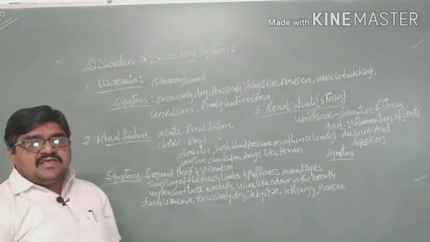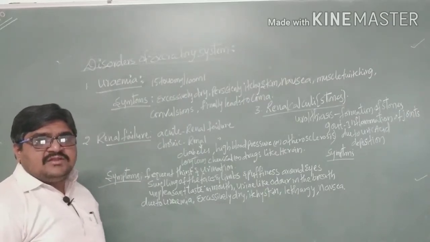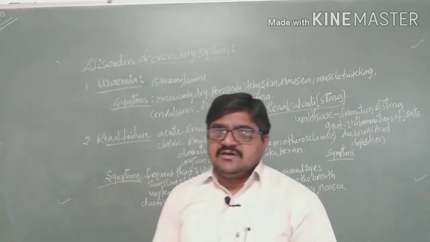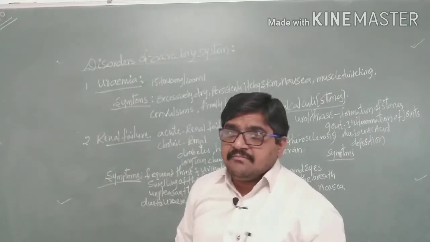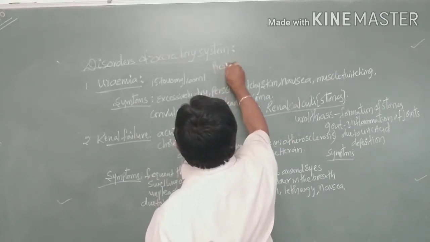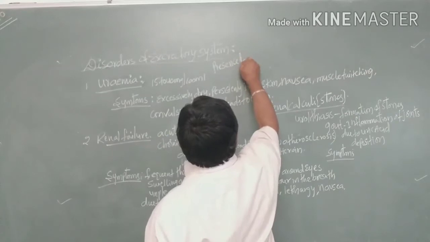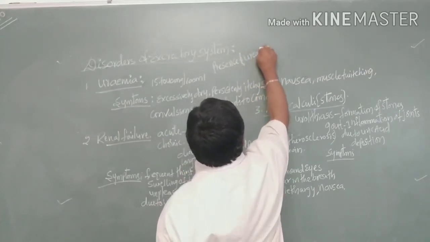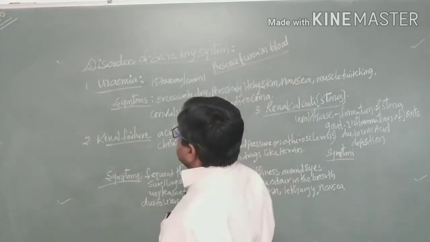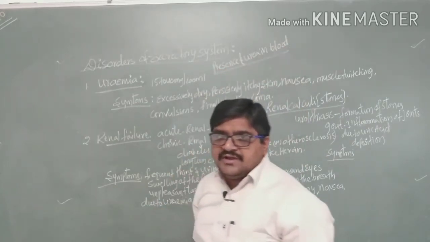Uremia means the deposition of urea in the blood, that means the presence of urea in the blood. This condition we can call uremia.